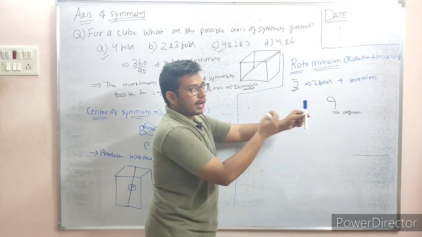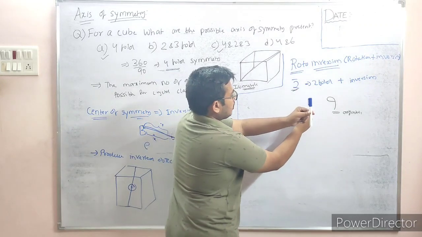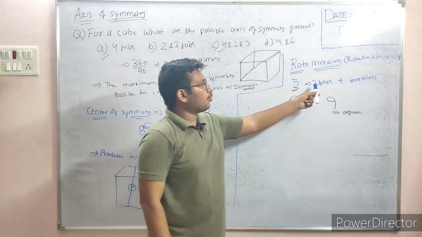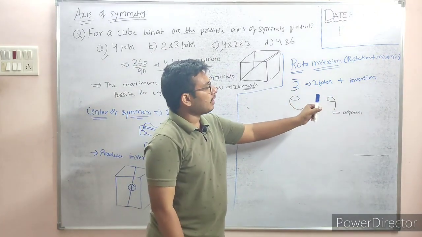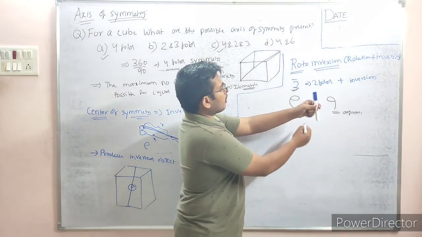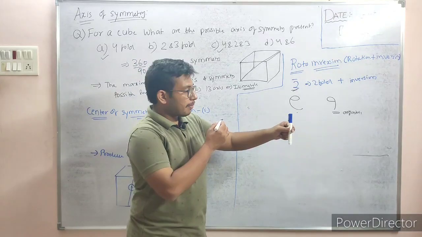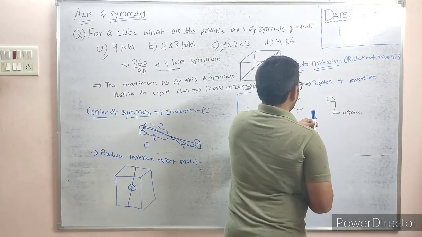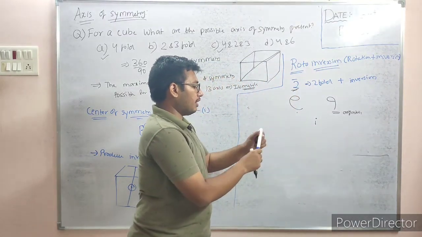When we are rotating 180 degrees, this cap will be shape of like this, right? Because we are applying the 2-fold rotation, we have to rotate by 180 degrees. So when we are rotating, this cap comes to this position and we are getting the motif like this. Now we have to apply the inversion, center of symmetry. When we apply the center of symmetry for this cap, it will be like this.